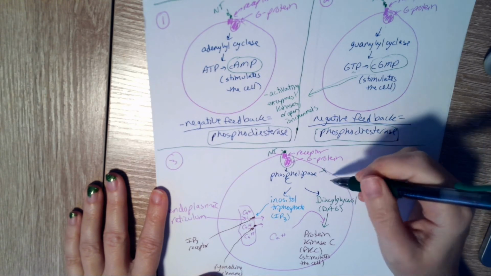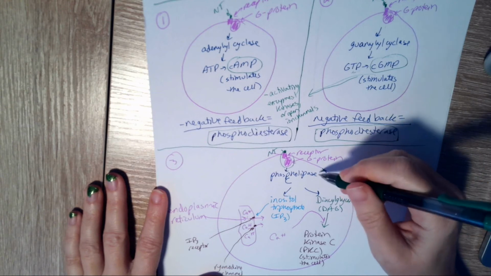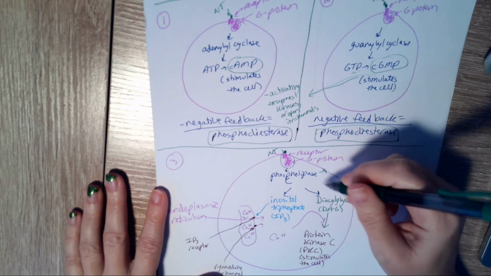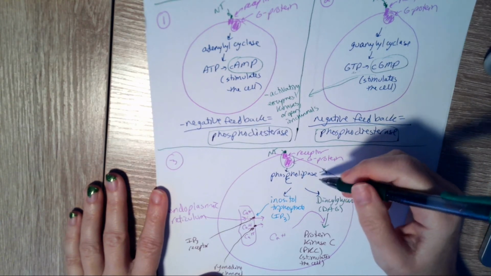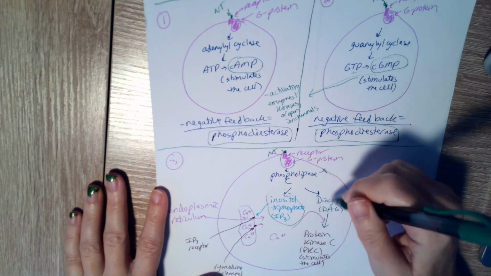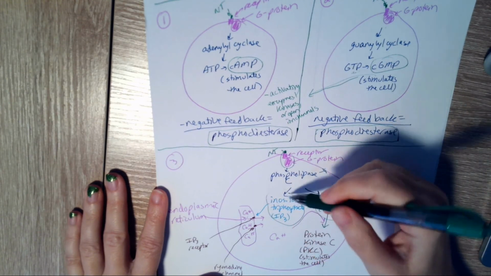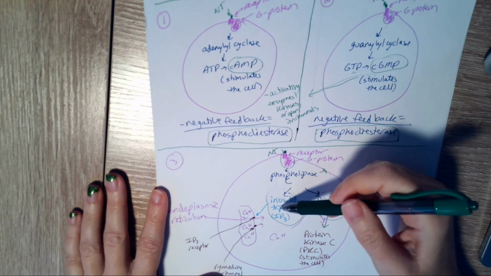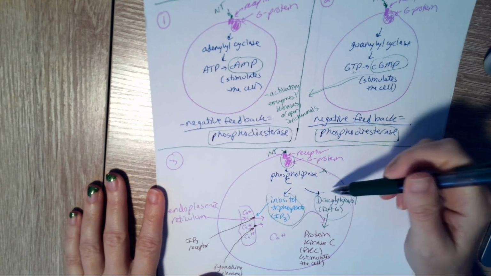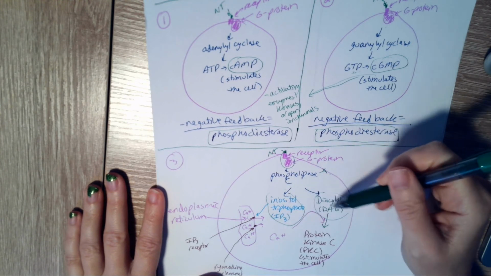It's not going to break a hole in the cell membrane or anything like that. It's just using those phospholipids on the inner cell membrane to make 2 other messengers: inositol triphosphate, or IP3, and diacylglycerol, or DAG.